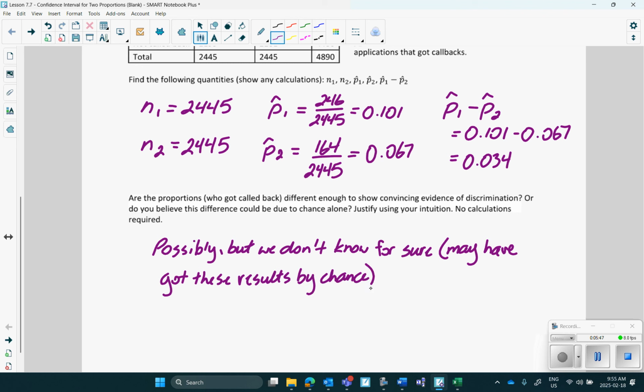Who knows, maybe if we tried it again, this would be negative, which means that more commonly black names received callbacks, right? And if we did it a third time, maybe we get a few more whites again. If we do it a fourth time, maybe we get a difference of 0, the same amount, who knows? The question is how significant is this? And that's where our stats analysis comes in.